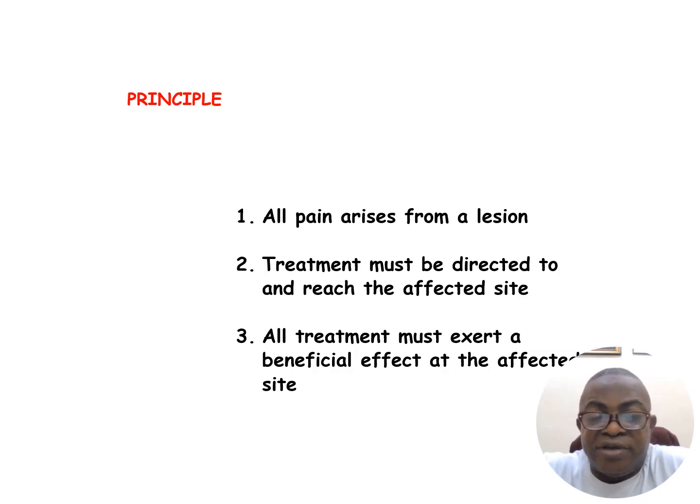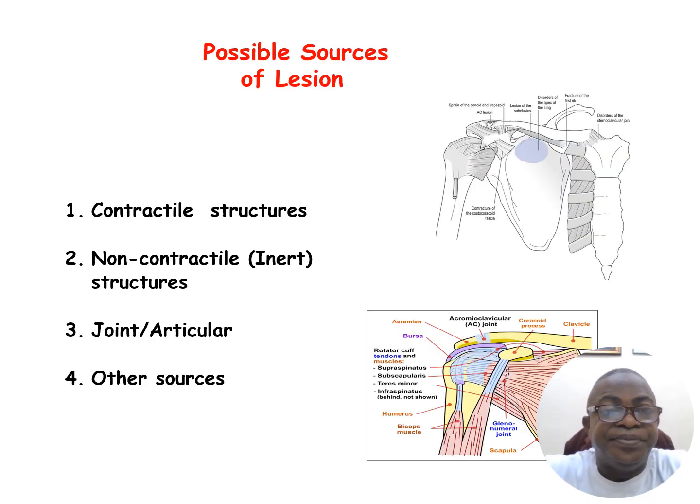The pain must have an identifiable source of lesion, and the treatment you are carrying out must be directed to the lesion, and it must reach the affected site. And the third principle is that all the treatment must exert a beneficial effect to the affected site. If it doesn't cause any beneficial effect, then there's no point in using Cyriax technique, right?